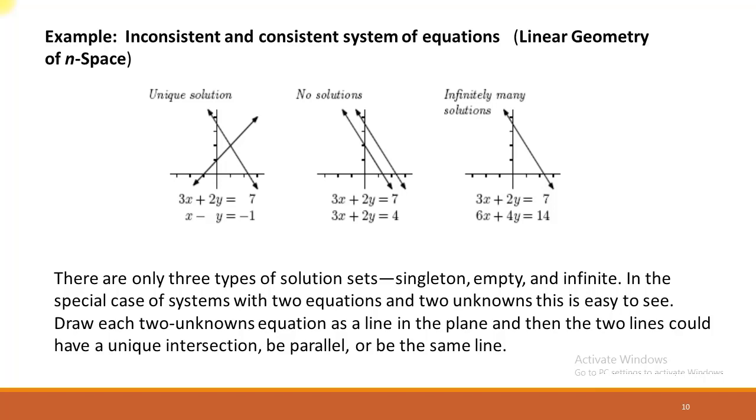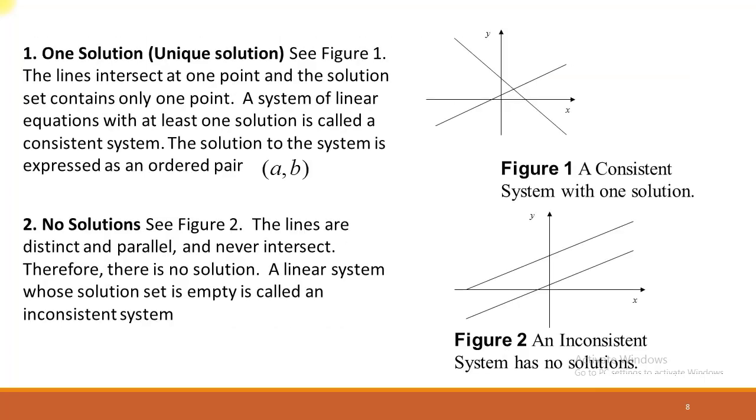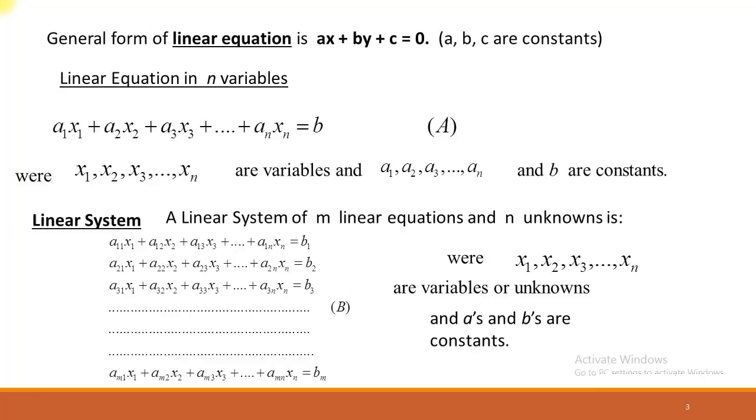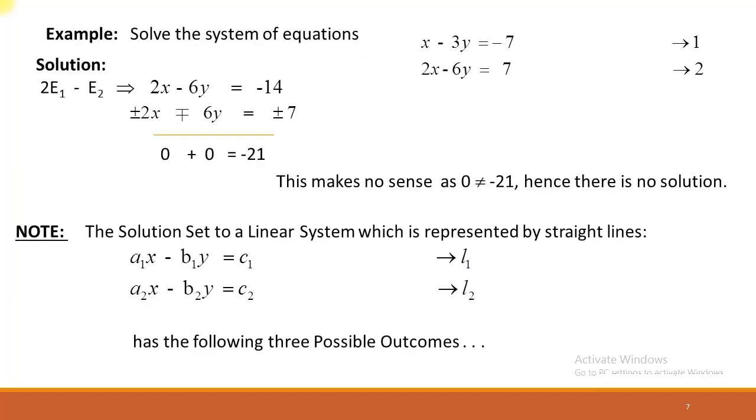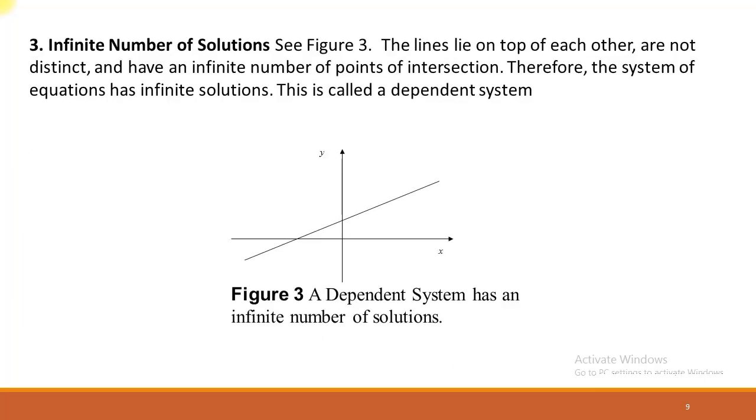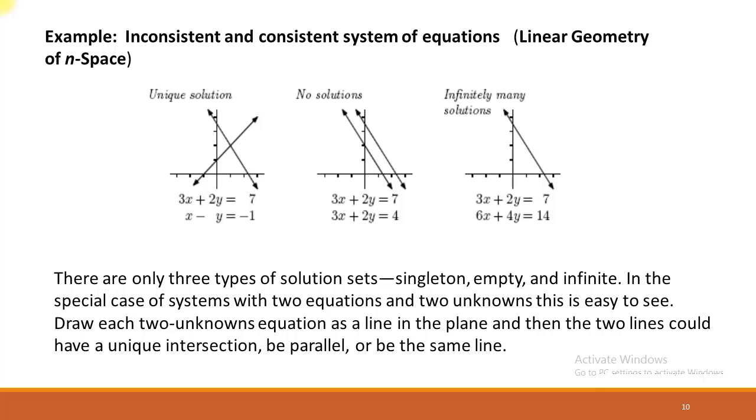If in the general form of the linear equation, which you see here, the constant term C is not 0, then this equation will be a non-homogeneous equation.